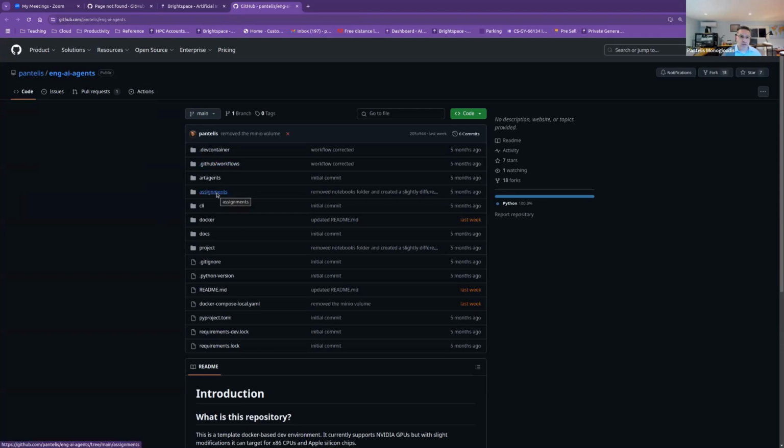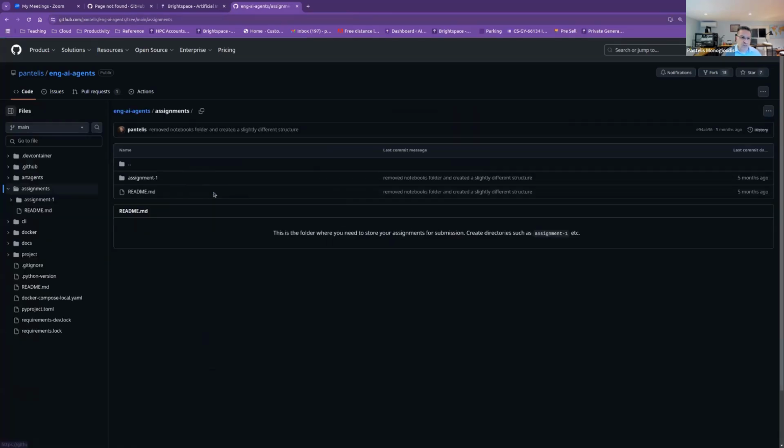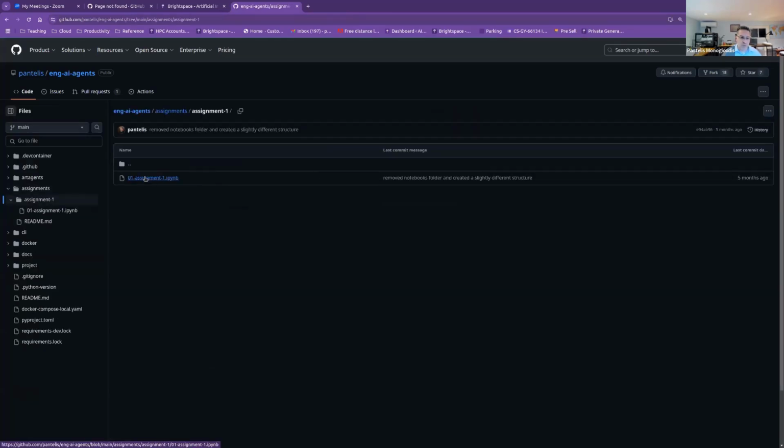Let's assume that you do the development environment in a Docker container. Obviously, you have some notebook there. If you work with a Docker container from within the repository, the notebook is likely already under the assignment somewhere. It's probably under the assignment 1. This notebook is a dummy notebook.